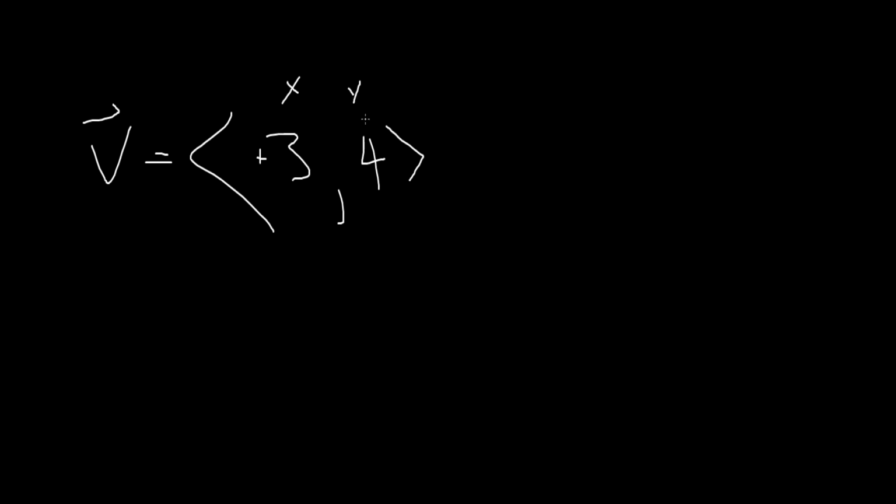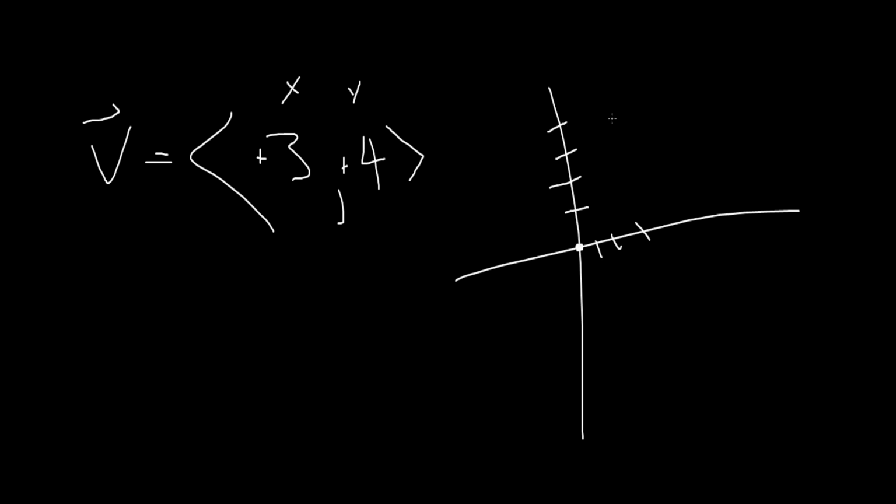So if we have a vector V, and that vector is equal to <3, 4>, what that means is moving 3 forward and 4 up. So if we draw the grid that it's on, and we say that it's right here, 1, 2, 3, 1, 2, 3, 4. So this vector is moving from the center up to here.